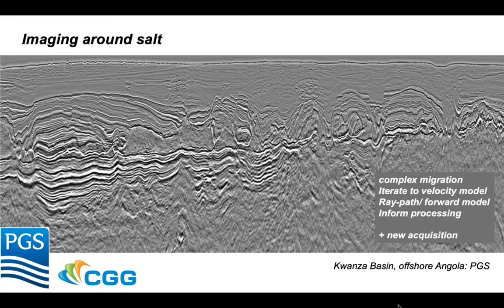It involves creating forward models of seismic response, tracing ray paths that can then inform the processing workflow and the algorithms with which you can migrate the seismic energy. That, allied to new acquisition techniques, is providing these spectacular images in salt basins. And these images are completely changing the way in which we view salt mobility in sedimentary basins.